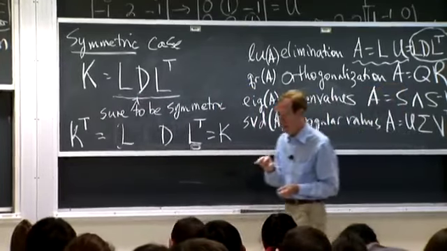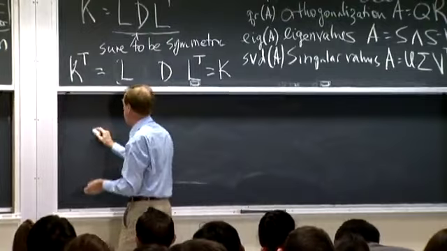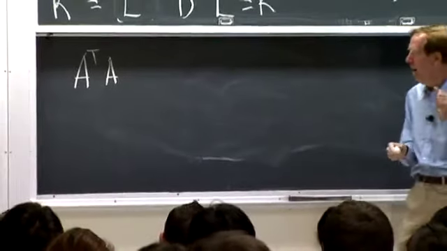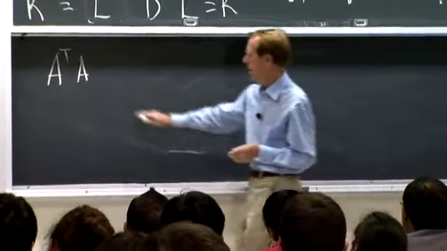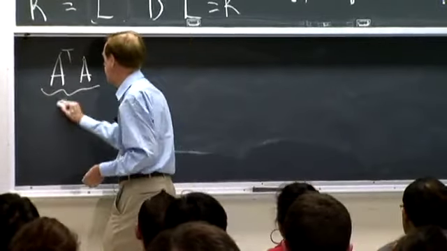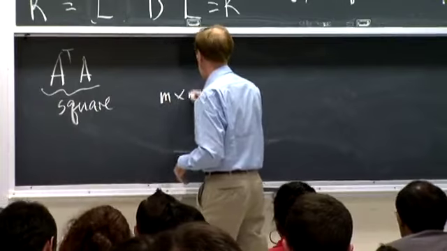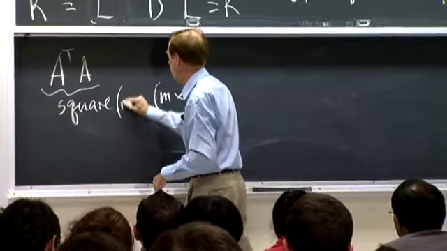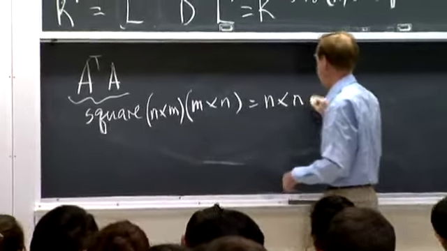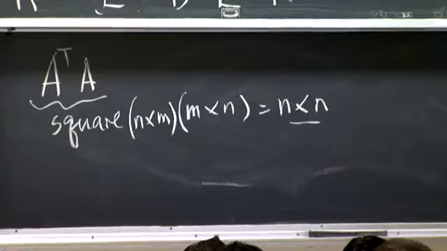So you're going to see time after time an A transpose times an A. That's a most highly important multiplication. Take a matrix, maybe rectangular, multiply by A transpose. This matrix is certainly square, because A could be M by N, and then A transpose would be N by M, and the result would be N by N. So it's certainly square, but now what's the new property we know?